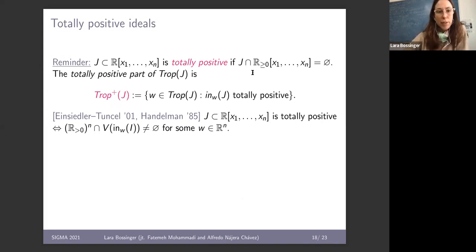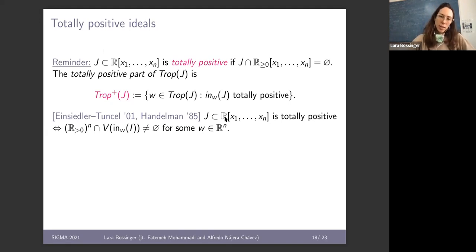And given this definition, if I have a totally positive ideal J, I can restrict my attention in the tropicalization even further by considering only those points, weight vectors in the tropicalization, whose initial ideal is also totally positive. This definition of totally positive is maybe not too easy to deal with, but there's another characterization that appears in work of Einsiedler and Tunkel, which is based on work of Handelmann, that tells me the following.